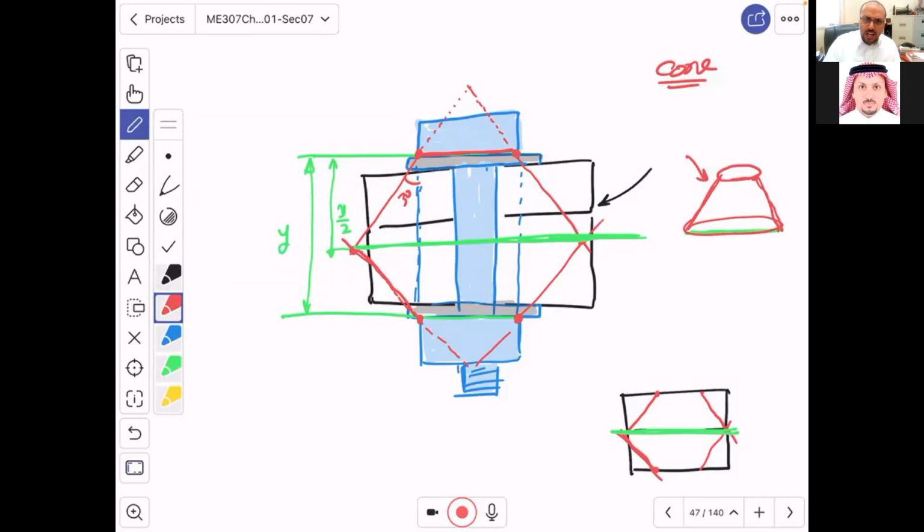Now, in reality, this frustum is like this. Deep inside, there is a hole where the bolt is going through. Do you understand? Now, it turns out if I do this in 2D, the frustum, guys, is going to be like this.